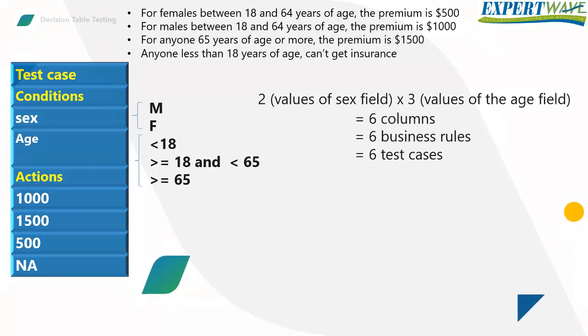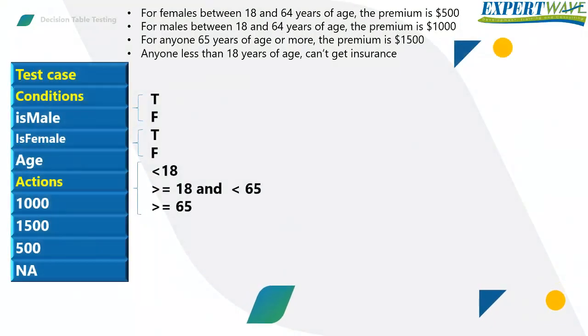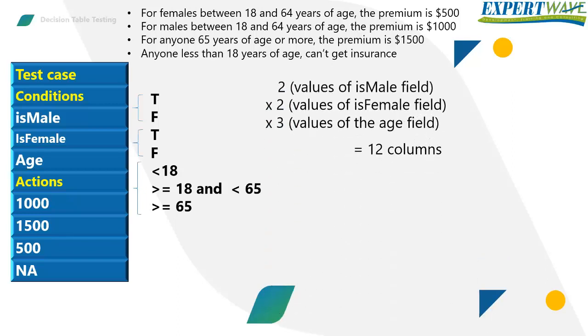I will give you an example. When I asked my students to build this table, a student might decide to use is male as a condition and is female as another condition. Well, if you use the equation blindly, you will end up with 2 for is male and 2 for is female and 3 for the age, and you will end up with 12 test cases. But actually, you would have columns where is male equals true and is female equals also true, both male and female.